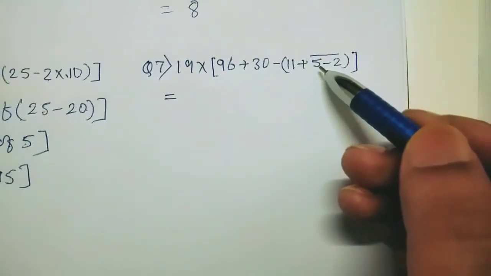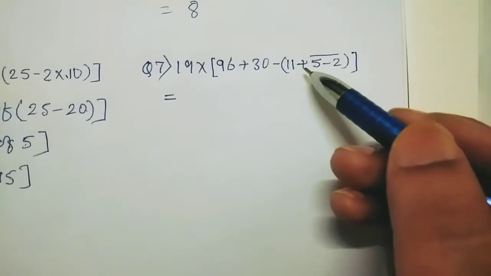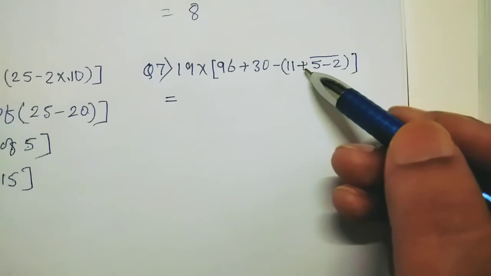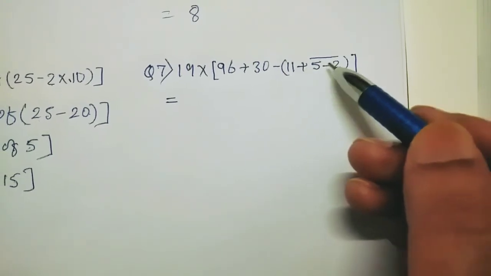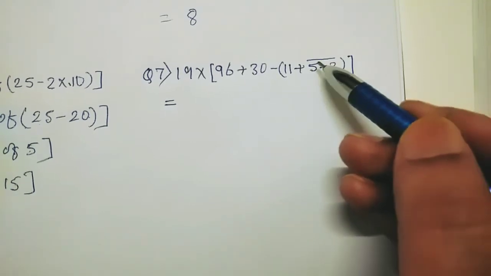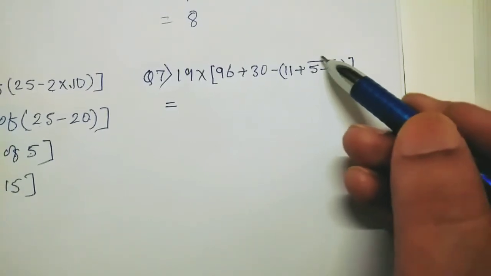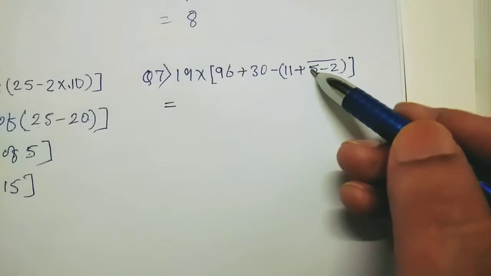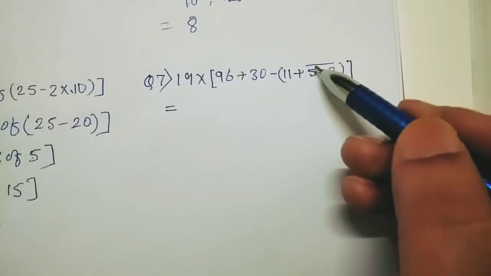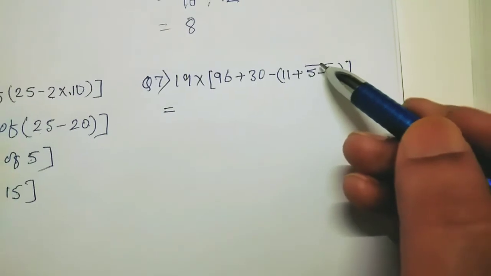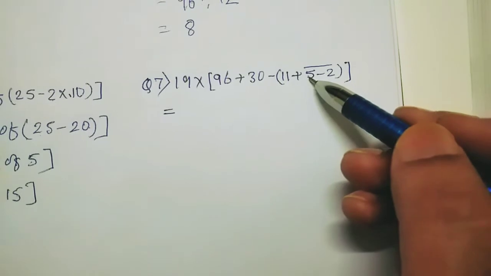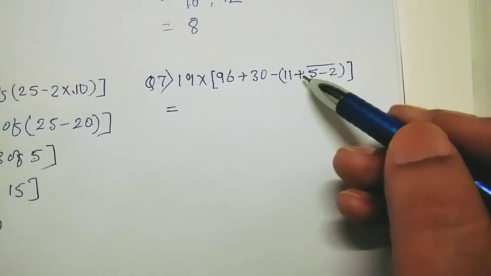So according to the rule, which will be performed first? The BODMAS rule says that plus will be performed first, but here we will not perform the addition first, because there is a bar on top of this 5 minus 2. That means first of all you have to solve this bar. Okay, that's why the bar is given. I have told you already, whenever there is a bar you have to solve the bar part first.